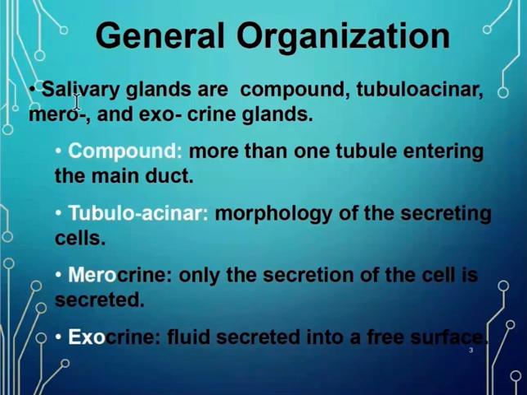The term compound refers to the fact that the salivary gland has more than one tubule entering the main duct. Tubuloacinar describes the morphology of the secreting cells. Merocrine indicates that only the secretion of the cell is released, while exocrine describes the secretion of fluid onto a free surface.